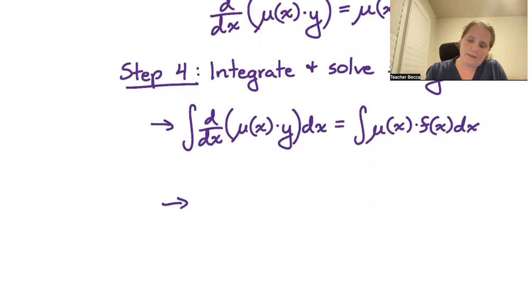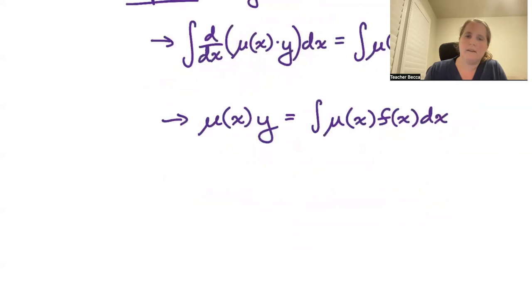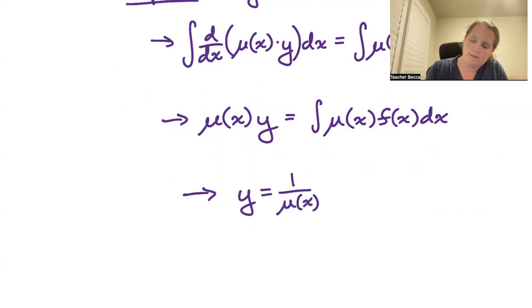So we get on the left-hand side, mu of x times y is equal to, on the right-hand side, the integral of mu of x times f of x dx. And therefore we get that y is equal to 1 over mu of x times the integral of mu of x f of x dx.